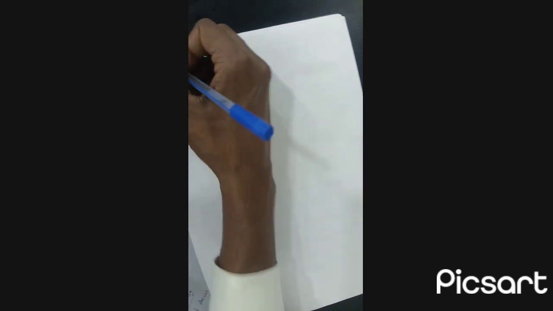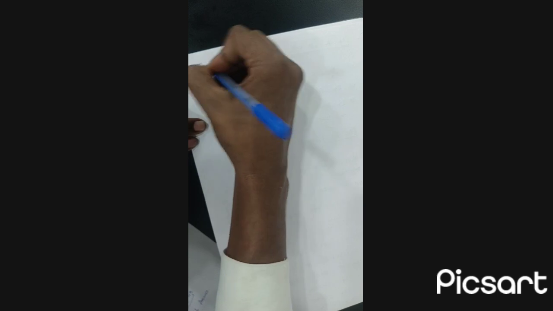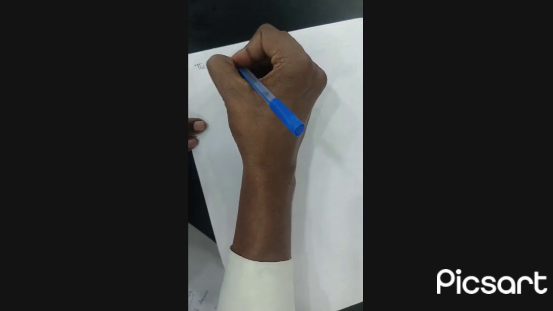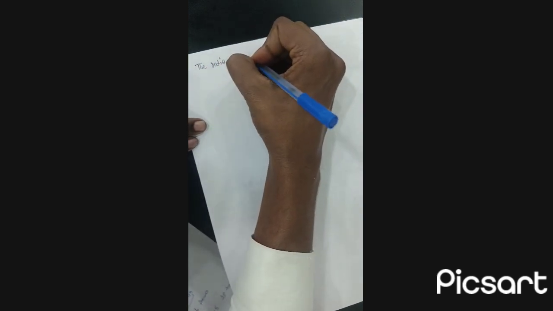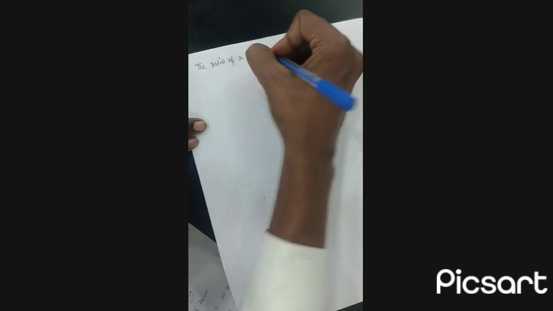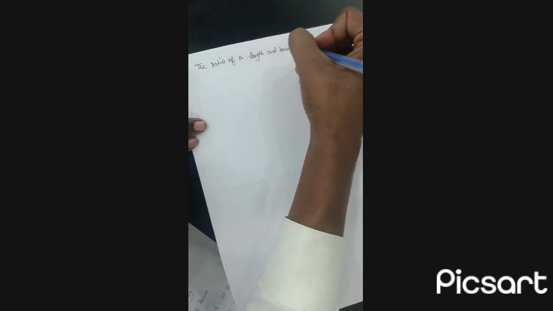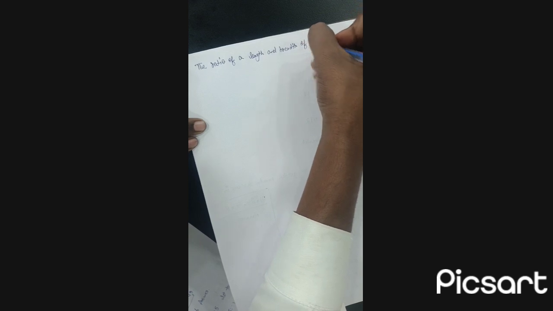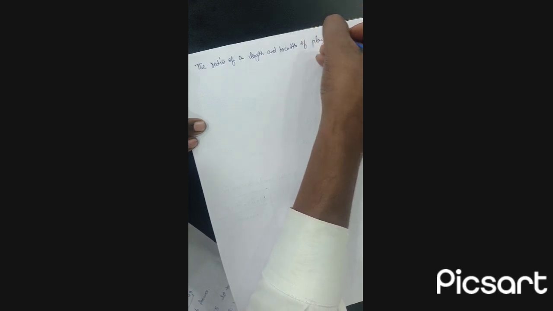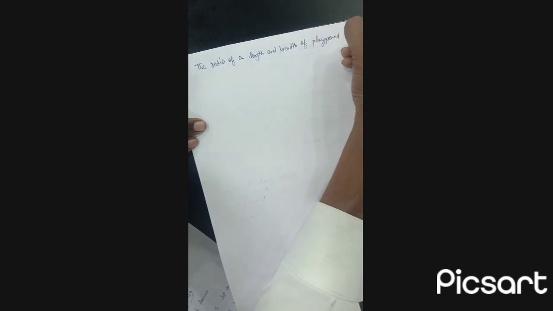Question number 11, what it is saying is that the ratio of the length and breadth of a playground is 4:3.